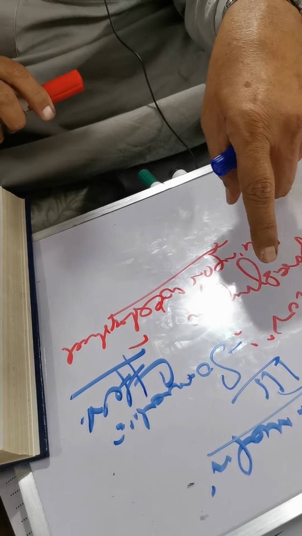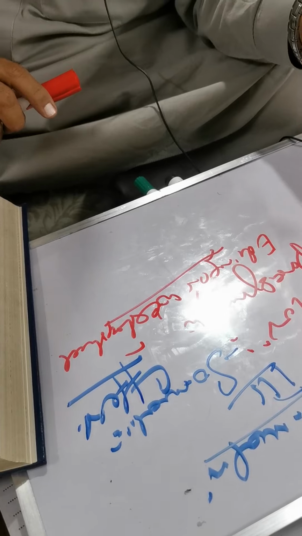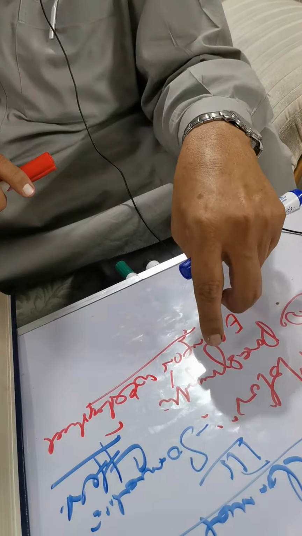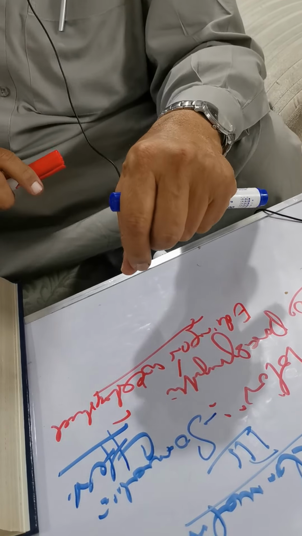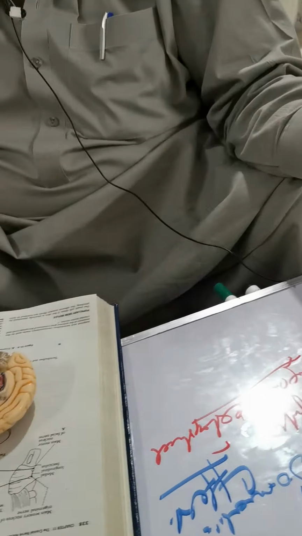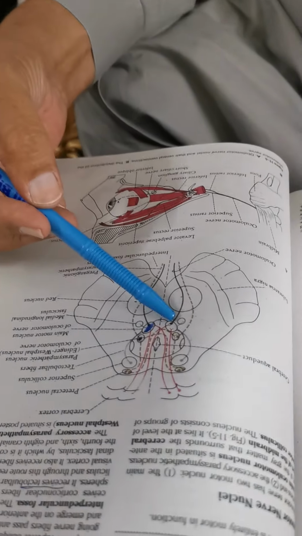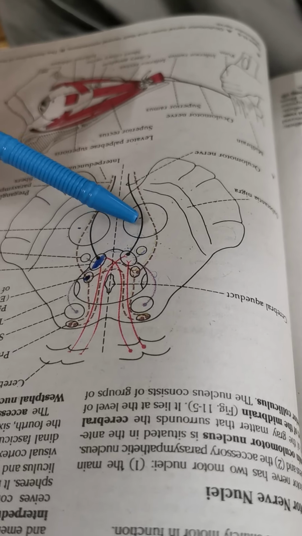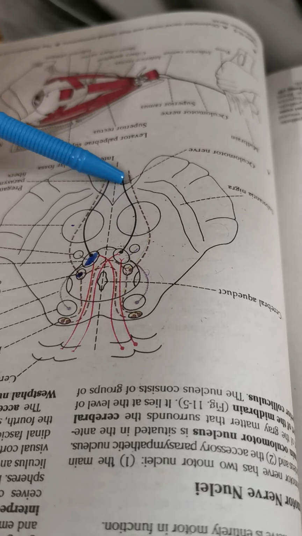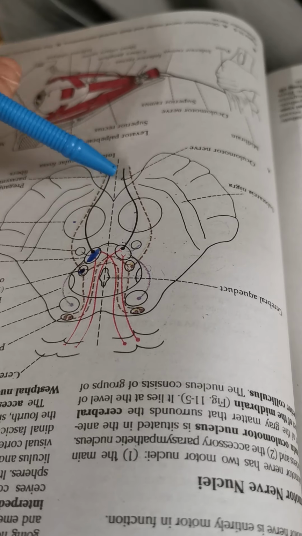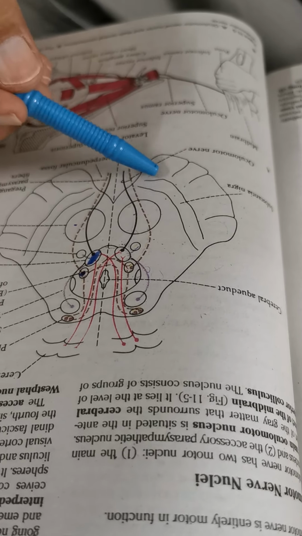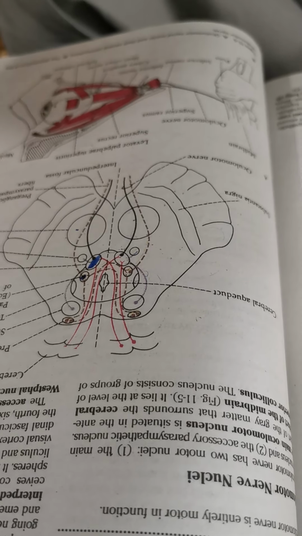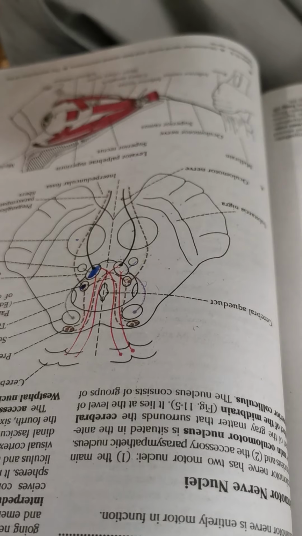Now, the fibers from this motor nucleus and from this parasympathetic nucleus both come out. Look, one is coming from the motor nucleus and one from the Edinger-Westphal nucleus. They cross through the red nucleus and then come out on the ventral surface of the midbrain, between the two cerebral peduncles. Here is one third nerve and here is the other third nerve, in the interpeduncular fossa.